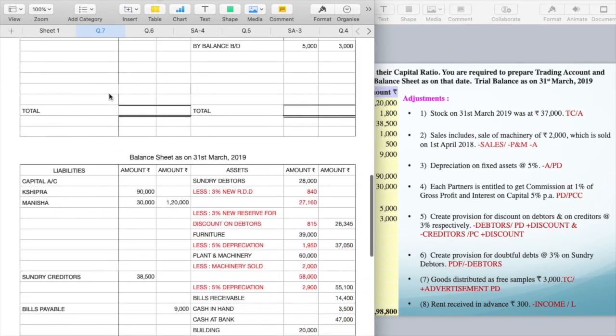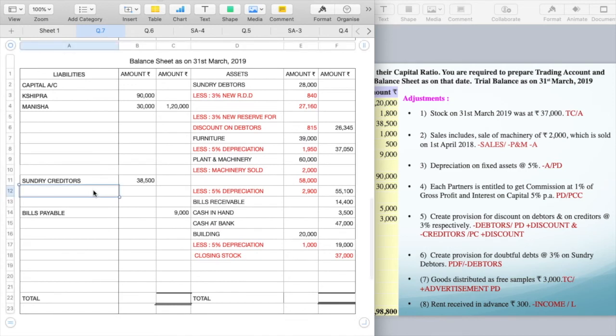Same way we are supposed to create a reserve on creditors. So less 3% new reserve for discount on creditors. So on 38,500, if you calculate 3%, you will get an answer of 1,155. So in the outer column, balance will be 37,345.